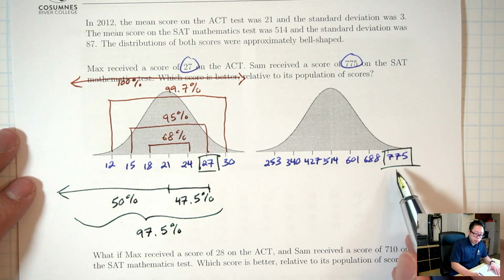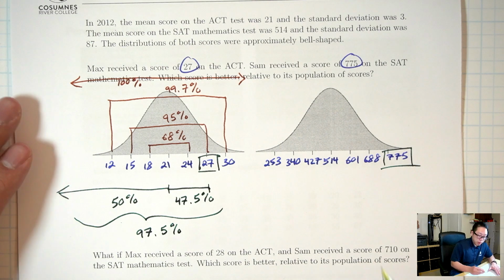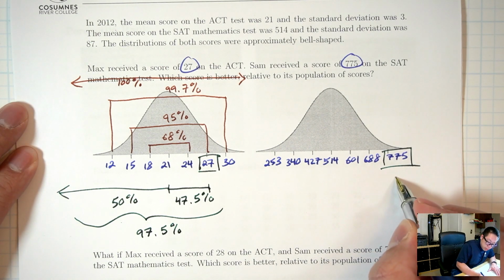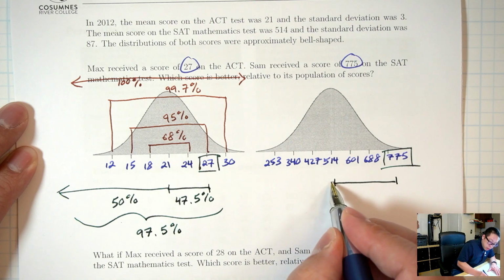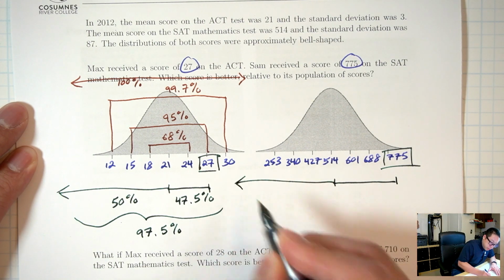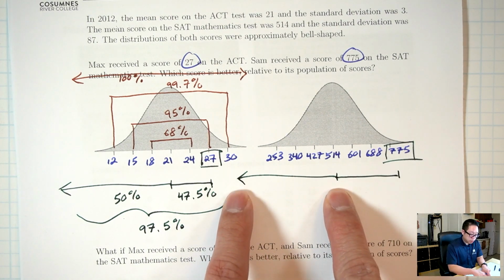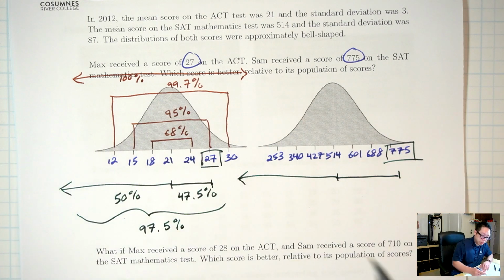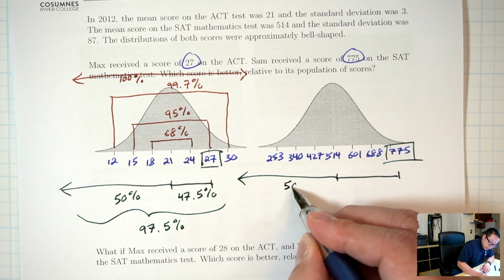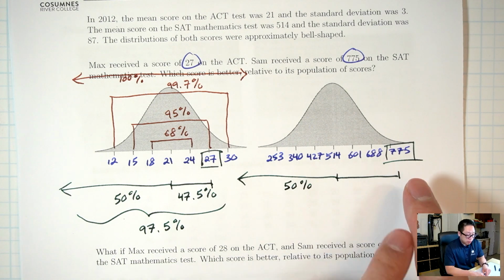Let's do the same thing for the 775. So what percent is to the left of 775? So we'll go from 775 to the middle, and then from the middle all the way to the left. Okay, middle all the way to the left, we said was half of 100%, which is 50%. 775 to the middle.